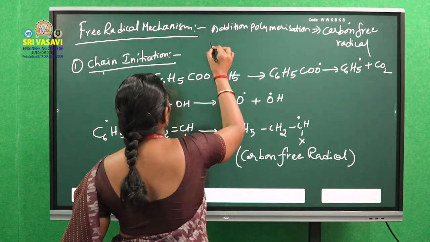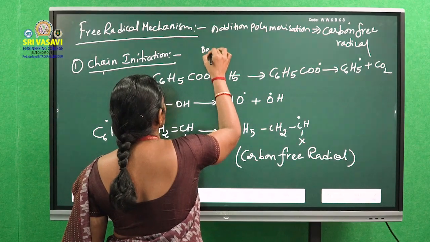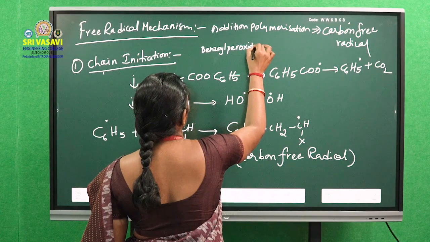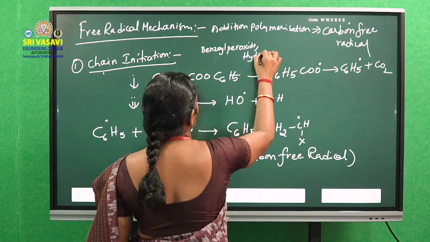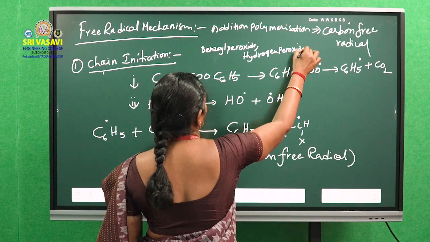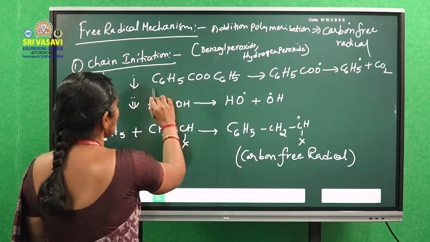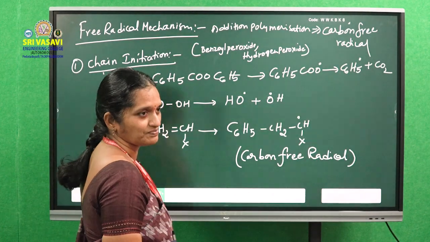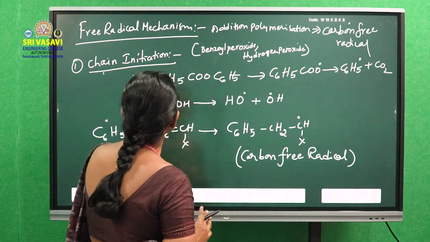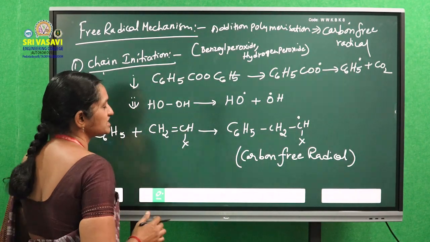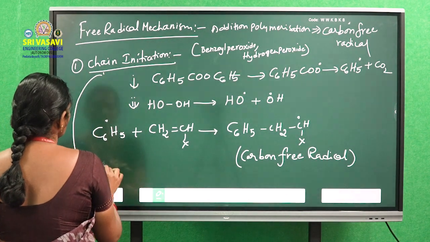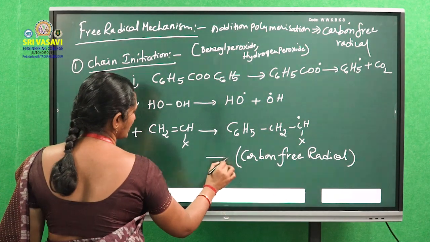So what are the initiators? I said already, that is benzoyl peroxide, or it may be hydrogen peroxide. I have taken both. So what is the chain initiation step? In chain initiation, we create the carbon free radical.